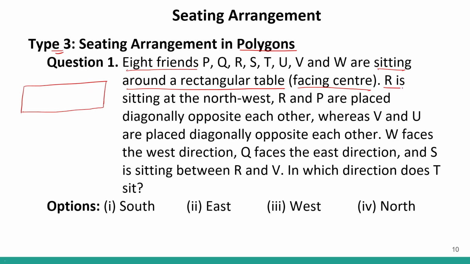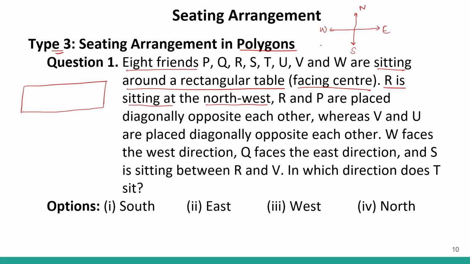Now, R is sitting at the northwest. So let me draw the direction chart. If you remember the direction chart I told you about, we have 4 primary directions: north, south, east and west.